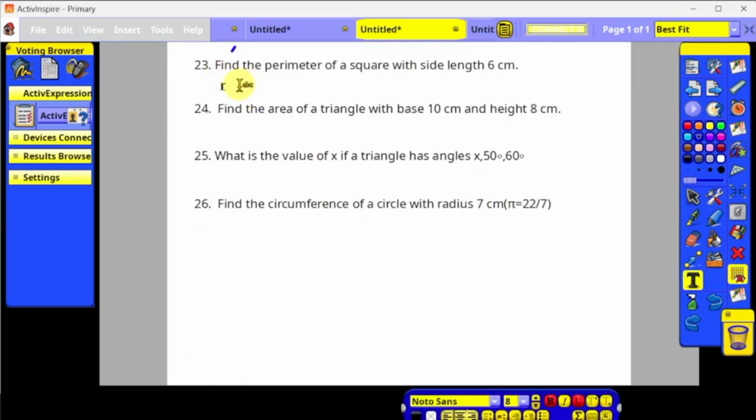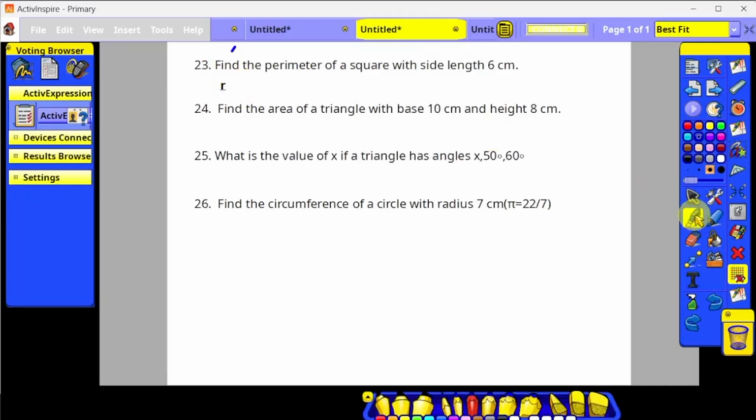Okay, this is the continued part of the math placement exam exercise. The question says, find the perimeter of a square with side length 6 centimeters. Perimeter is the sum of all sides of any object.